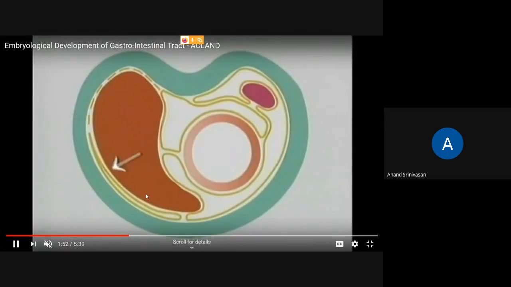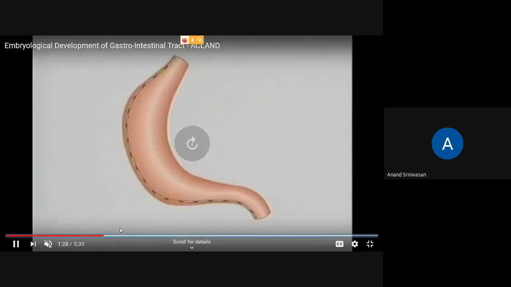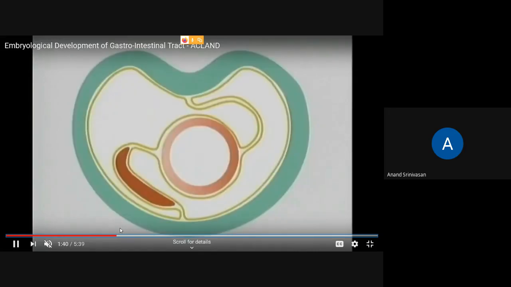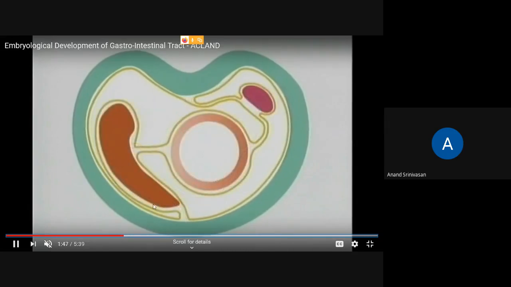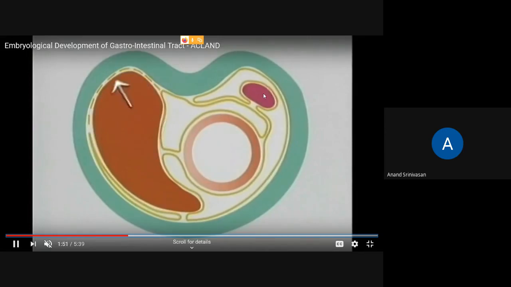Initially you can see the dorsal mesentery and the ventral mesentery, with the liver developing from the ventral mesentery and the spleen developing from the dorsal mesentery, and this part is the lesser sac.